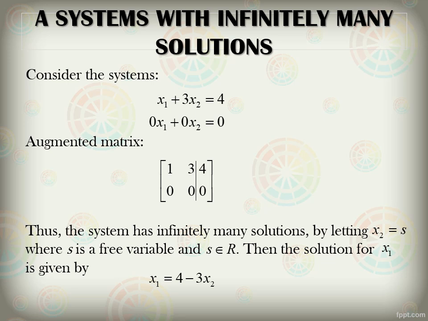Now we move to the second type of solution, where the system has infinitely many solutions. How does a system of linear equations look if it has infinitely many solutions? Your system will look like this.